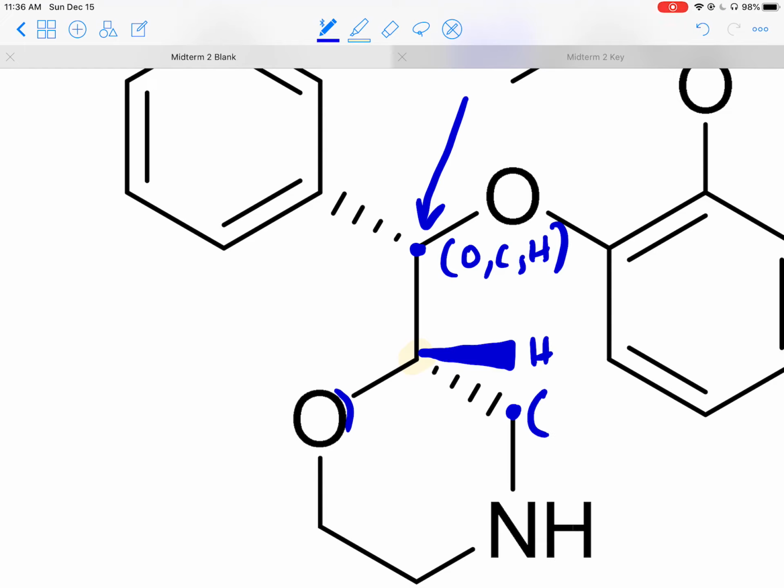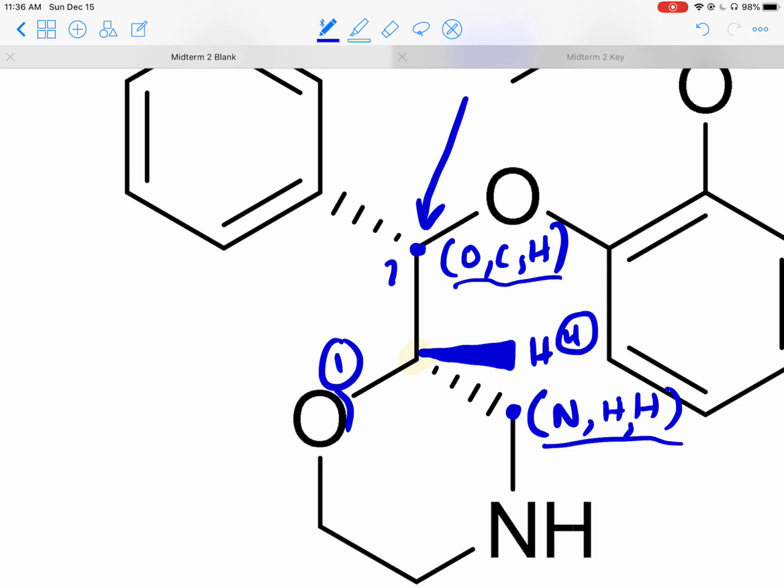And this one down here is connected to nitrogen and two hydrogens. So like we've done a bunch of times in this video, the oxygen is the higher priority over the nitrogen. And so the carbon that's connected to that oxygen is going to be the higher priority. So oxygen is number 1, hydrogen is number 4. The carbon that's connected to oxygen is number 2. And this one connected to the nitrogen is number 3. So let's erase everything else.